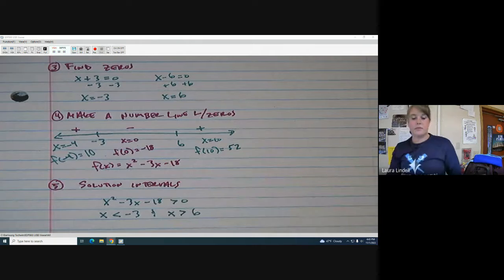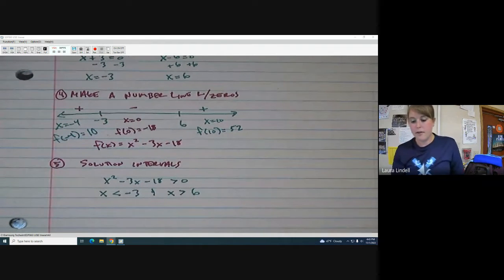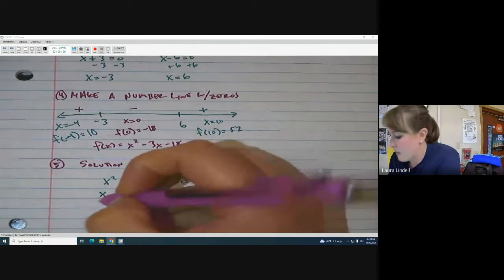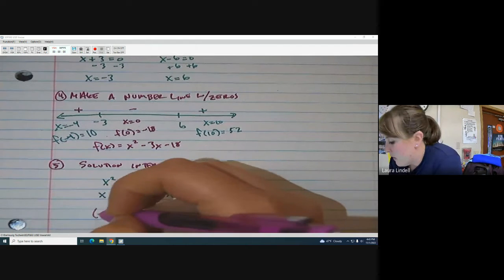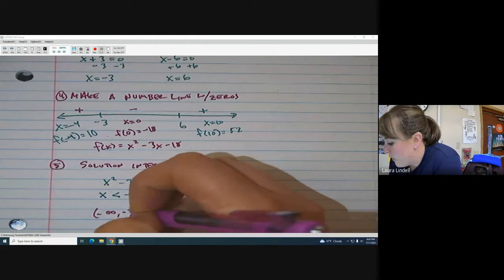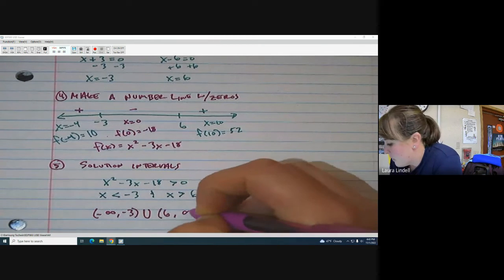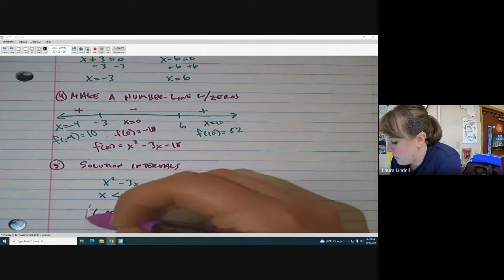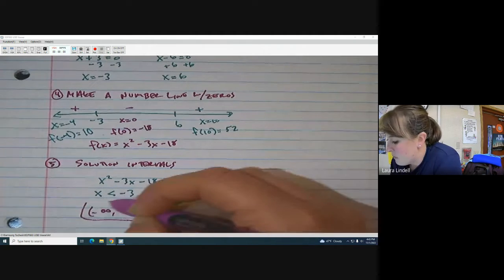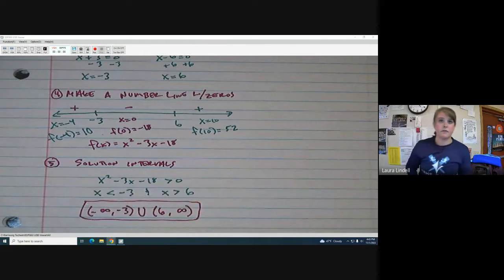If we were doing this with interval notation, though, we would say that that is the interval -infinity to -3, union with the interval 6 to +infinity. So that's how we're typically going to write our solution intervals.